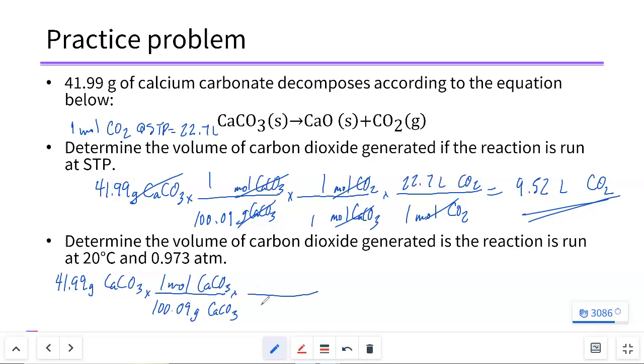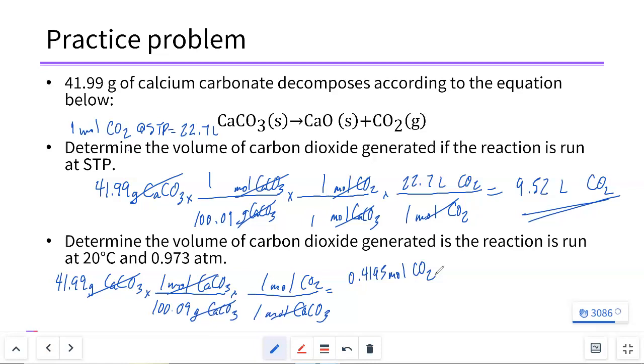I'm going to do the exact same second step. But here's where things go different. 41.99 divided by 100.09 gives me 4 significant figures, 0.4195 moles of carbon dioxide.